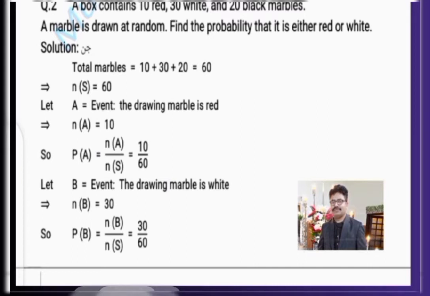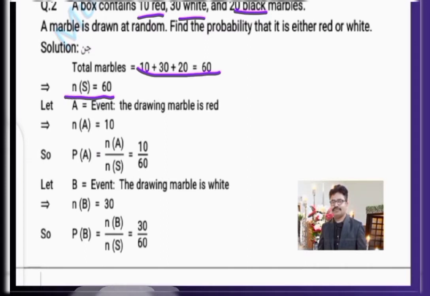First of all, we have to write the sample space. As there are 10 red, 30 white and 20 black balls, we have to add 10 plus 30 plus 20, that is equal to 60.